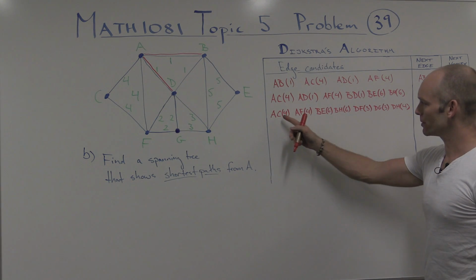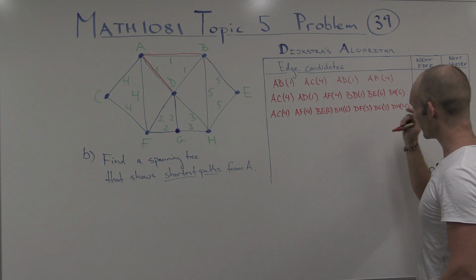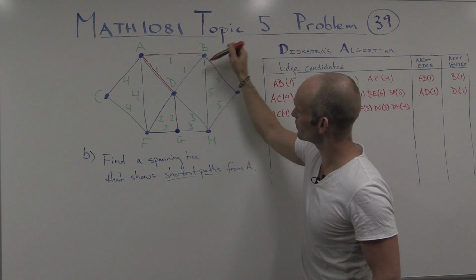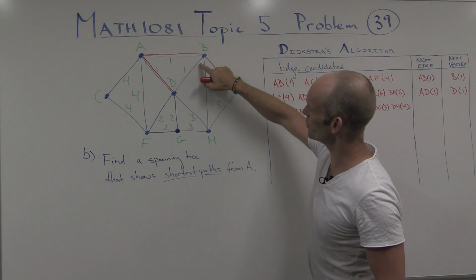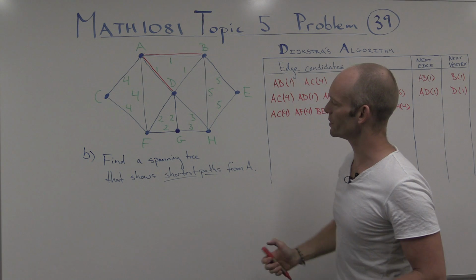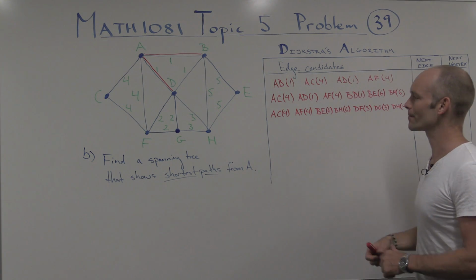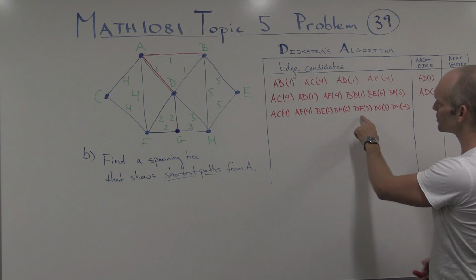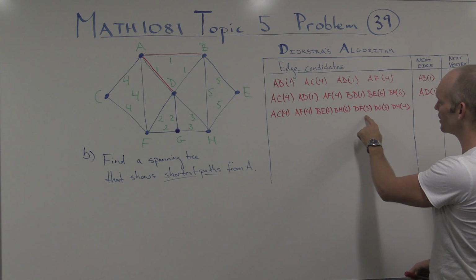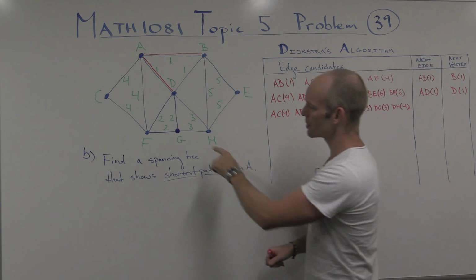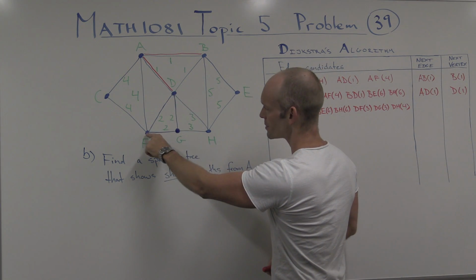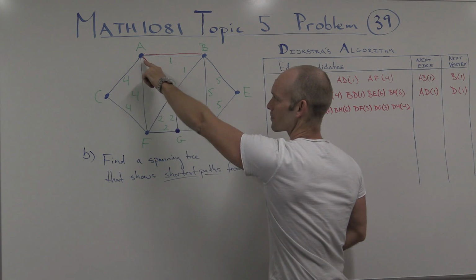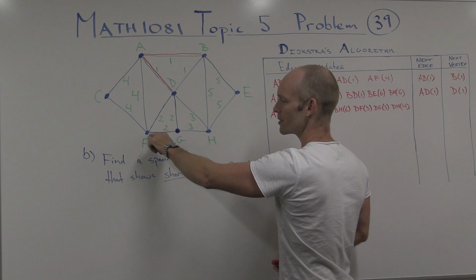Here we've written up 1, 2, 3, 4, 5, 6, 7 edges that are either incident with A, B, or D, and we've excluded B to D because we need to add a new vertex. So if you look at the numbers here, the smallest numbers are these threes here, DF and DG. So if we added this edge here, DF, we'd get a path from A to F of length 1 plus 2 is 3.